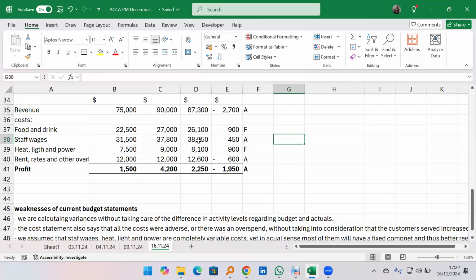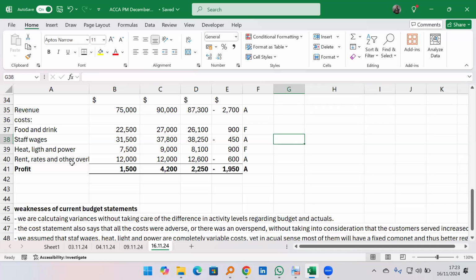Those people, chances are they are not going to be earning 200. They will earn more than 200 because you need them on short notice, and therefore you need to incentivize them so that they can come. So that's the reason why you find that we may have performed poorly on staff.